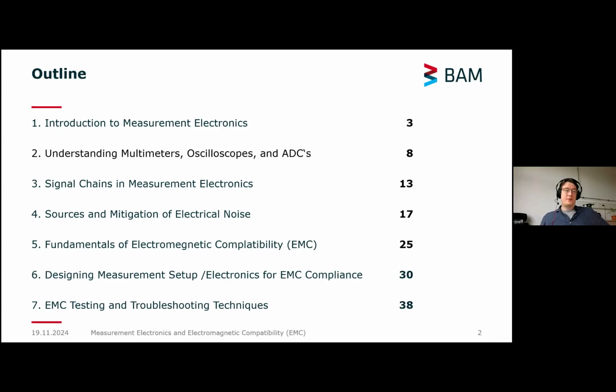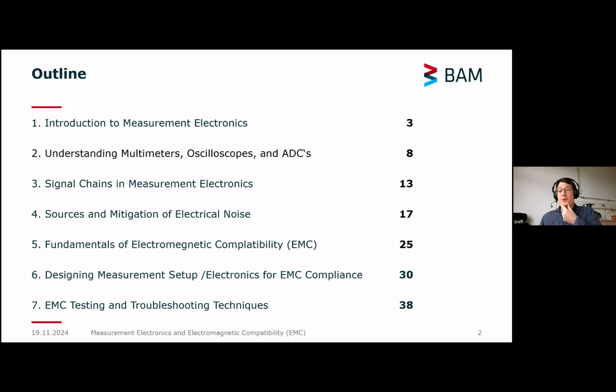Furthermore, I want to talk a bit about the designing of measurement setups itself, also the electromagnetic compliance, and what influences could appear in the daily measurement setups. Also, in the end, I want to talk about some problems I encountered in the past, and how I found the sources of the noises and the disturbances I had in my setups.